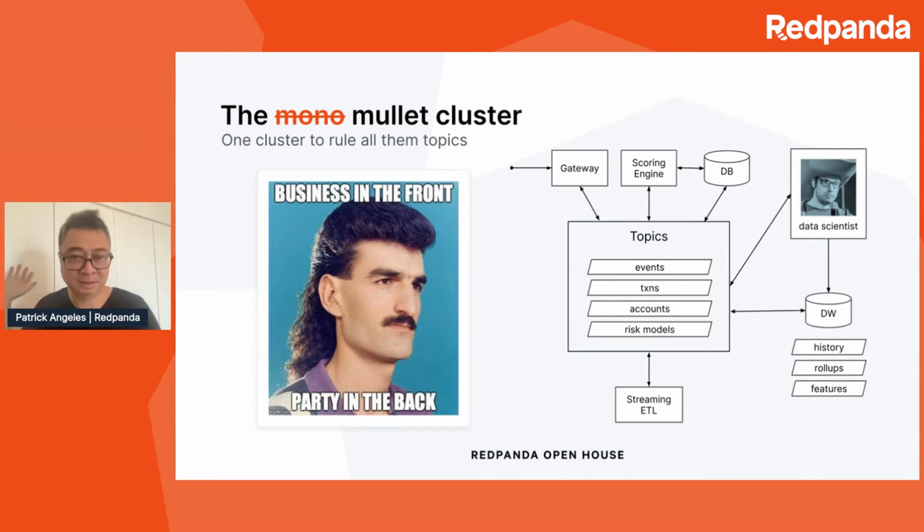And in the back, you've got these wild and crazy data scientists having a data party and munging this data as best they can. Combining that into one cluster, you wind up with a mullet, right? It's okay for prototyping and development, but you shouldn't really go to production with that.